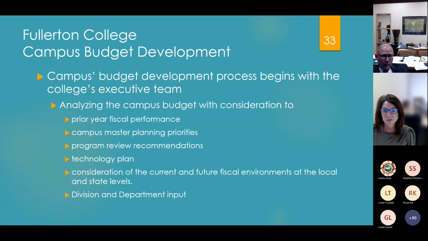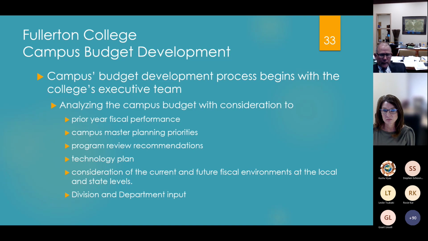The campus budget development process begins with the college executive team. I have already been going to President's Cabinet and sharing with them where the budgets are and what dollars are available. We're starting to put together a plan. So we'll be using prior year fiscal performances, not only for this current year, but the previous year as well. We're also going through a program review process at the same time.